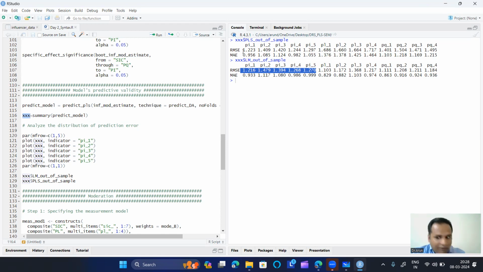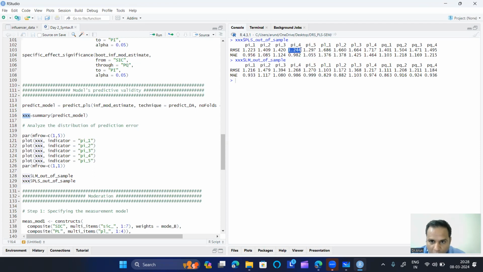Again, it is written. I will definitely read it for you for your better understanding. Compare this with this. Here we are losing. This one is greater. Compare with the second. Here we are winning. In 1.409, we are winning. Compare with 3, 1.420. Again, here we are losing.